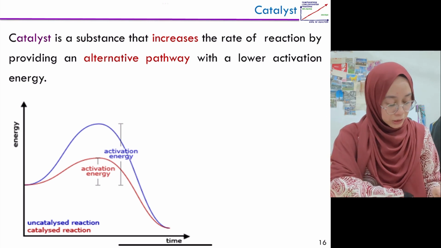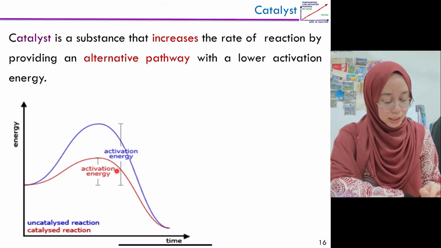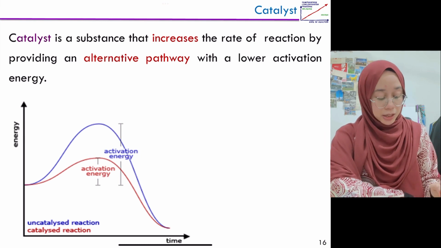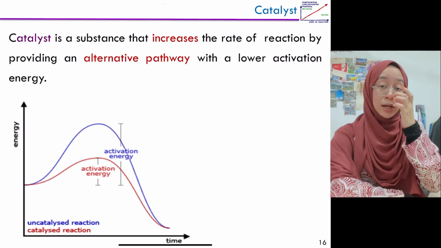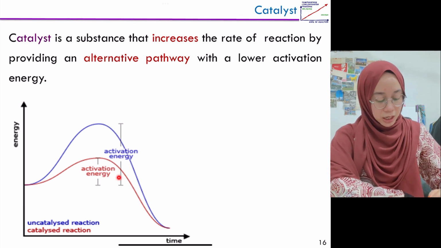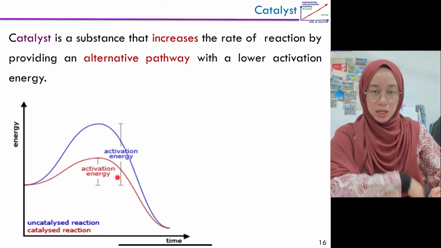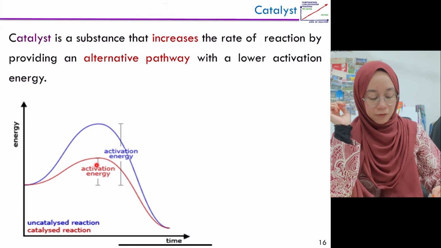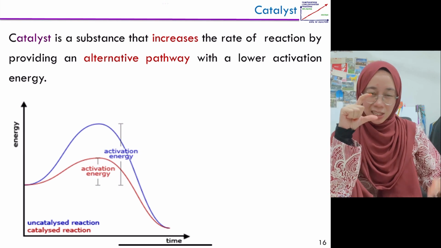As you can see here, the red curve shows the energy pathway with catalyst. The blue curve shows the energy pathway without catalyst. So the activation energy without catalyst is higher compared to the activation energy with catalyst, which is lower.